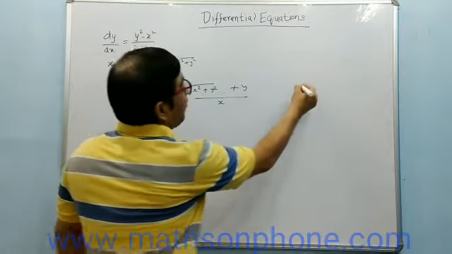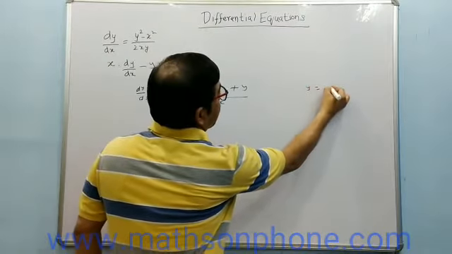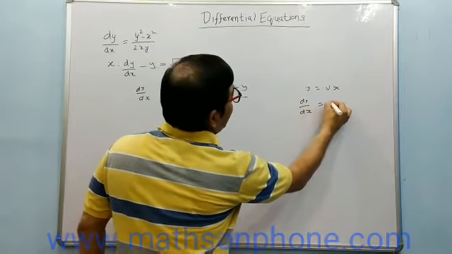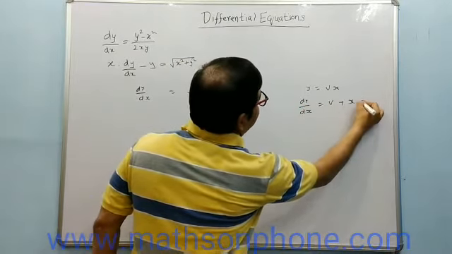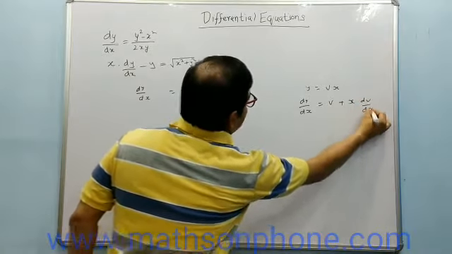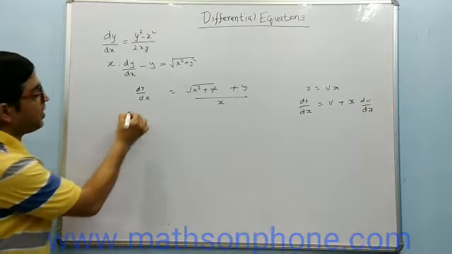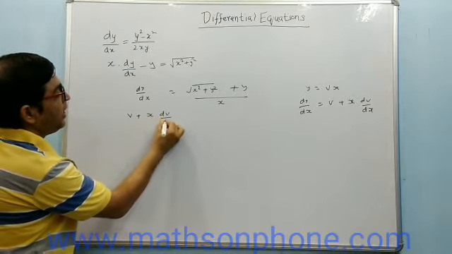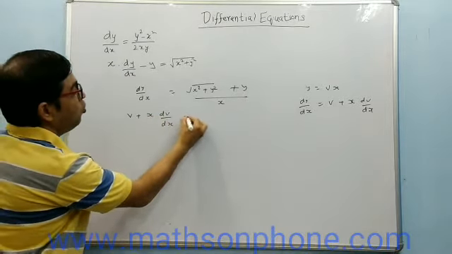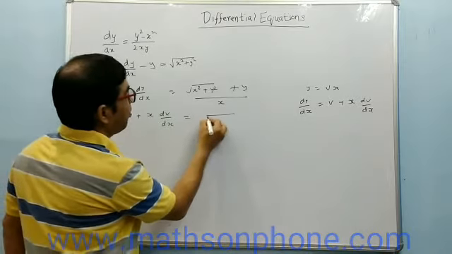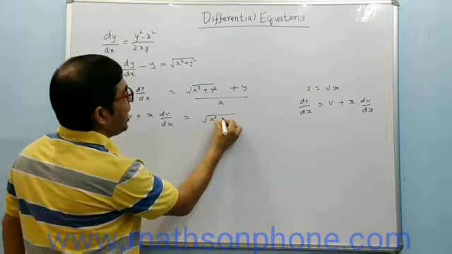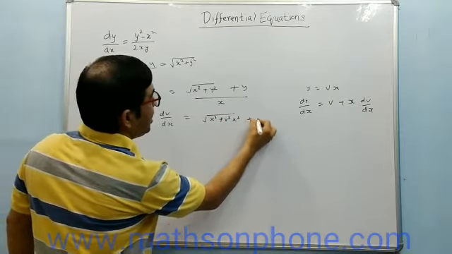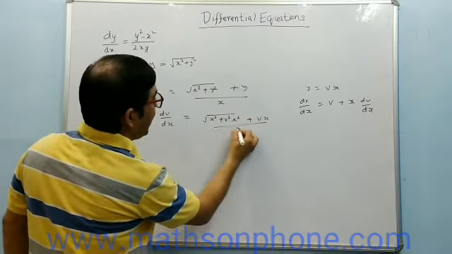What do we do? We put y is equal to vx and we know that dy by dx is equal to v plus x dv by dx. So on putting that, it is coming out to be v plus x dv by dx is equal to (under root x square plus v square x square) plus vx by x.